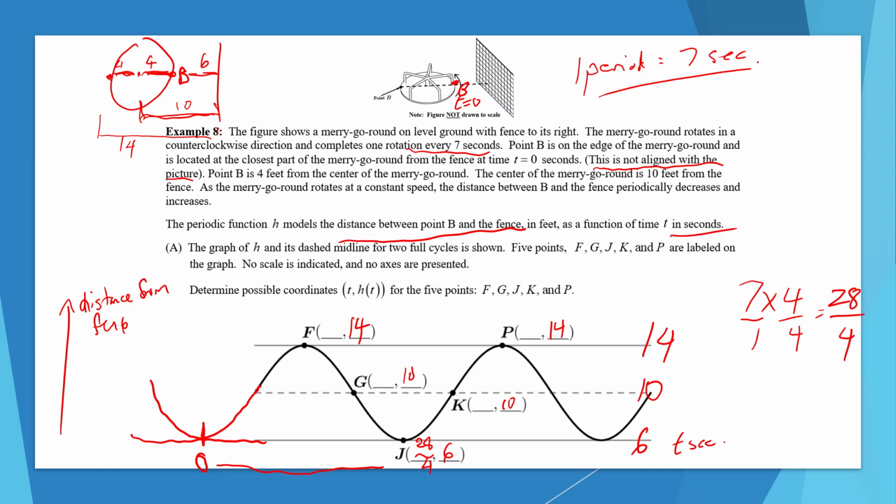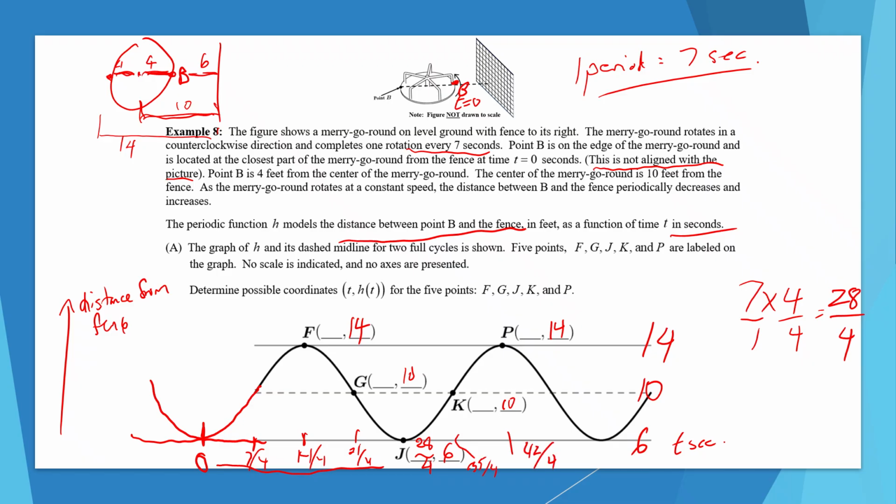That's 7 over 4. That's going to be our x value here. 7 over 4, 14 over 4, 21 over 4, 28 over 4. And 28 over 4 is 7, so it's still the same thing, and we don't actually need to simplify our fractions. Finding the other two x values, we're going to keep adding 7. So 35 over 4, and then 42 over 4, right?